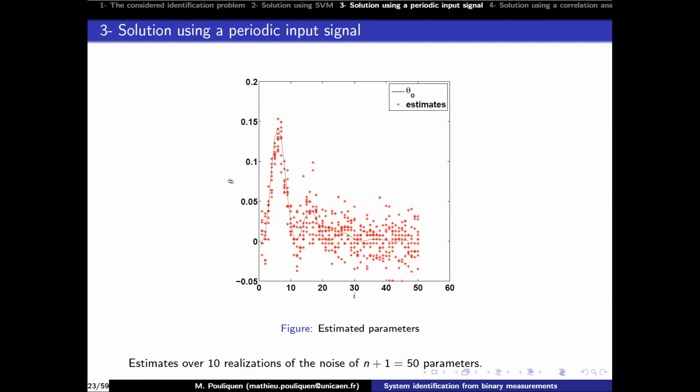Mathieu, I have another question. In both methods that you showed us, do you have any hypothesis on the gain of the system? Not in this one, because this hypothesis is compensated by the hypothesis on the noise, but in the previous solution, yes, I have. I don't remember what I used.